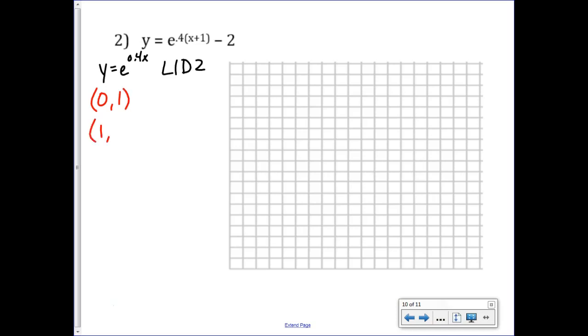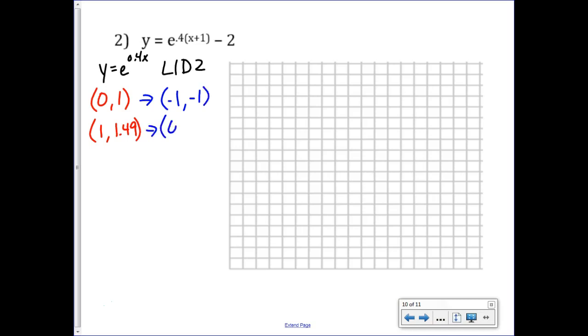And then 1, so we need e to the 0.4 times 1, which is about 1.49. We're moving left 1, so I'm at negative 1. Down 2, I'm at negative 1.